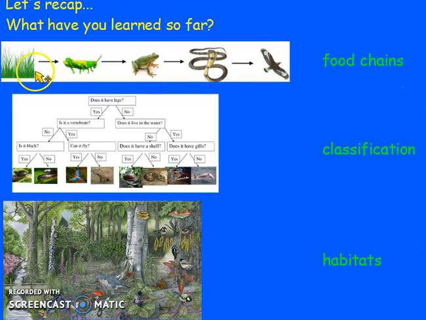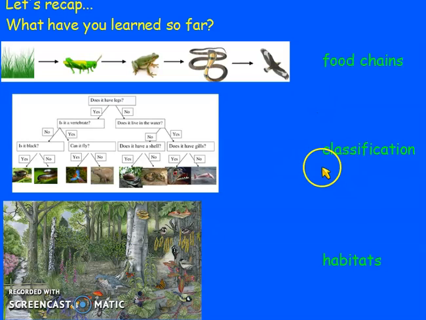You learned the difference between producers, the plants that make their own food, the consumers, the living things that eat one another, and the predators and prey.